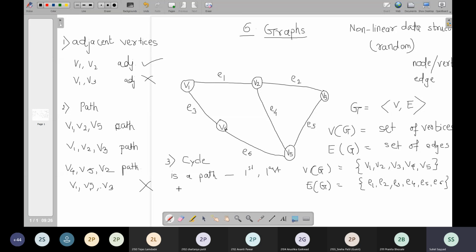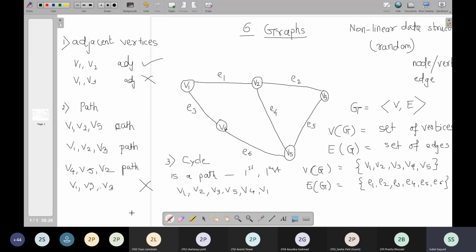If I tell you that over here V1, V2, V3, V5, V4, V1 is a path, is it a path? Yes, because V1 and V2 are adjacent, V2 and V3 are adjacent, V3 and V5 are adjacent, V5 and V4 are adjacent, and finally V4 and V1 are adjacent.